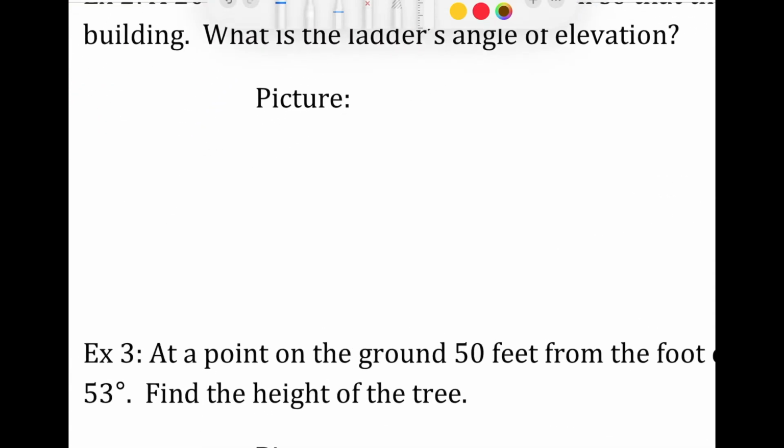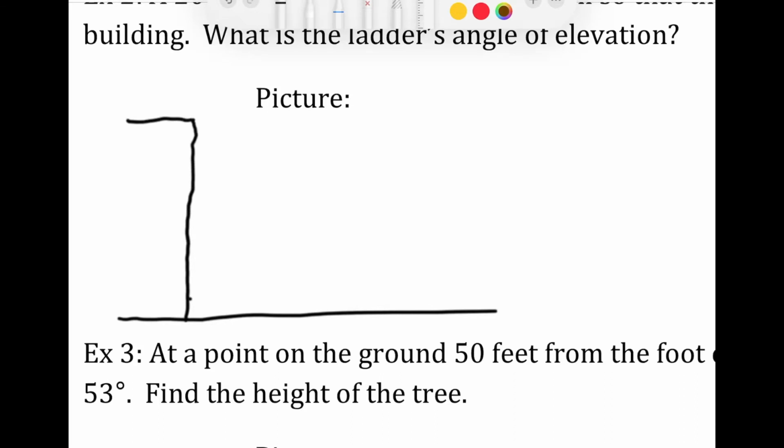So you're going to draw the ground. You're going to have a building coming out of the ground, and this always will create a 90-degree angle with the ground. And then you have a ladder that is leaning against the building. And again, this does not have to be perfect.